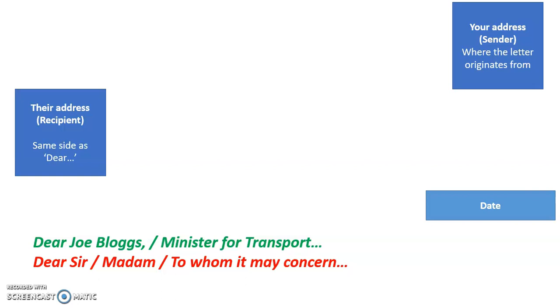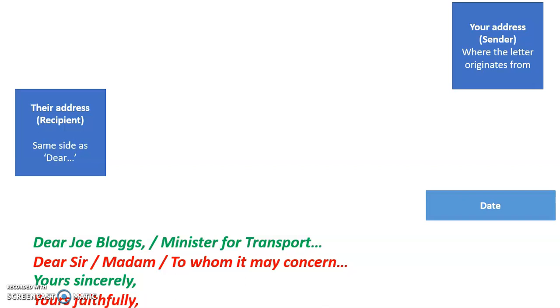Because those are two different options, it gives you two different sign-off options, so I've color-coded how to pair those up correctly. If you know who it's going to, if you can use their name or their job title and it's for a specific person, then you are being sincere. It is sincerely meant for that person, so you're Yours sincerely if you know who it's addressed to.